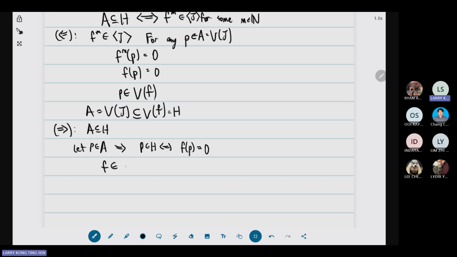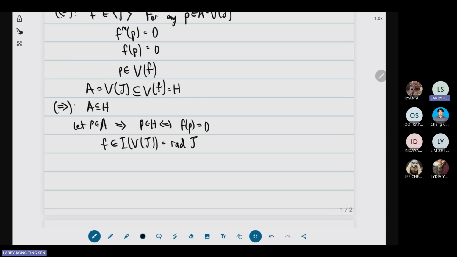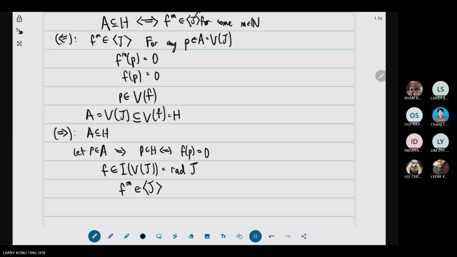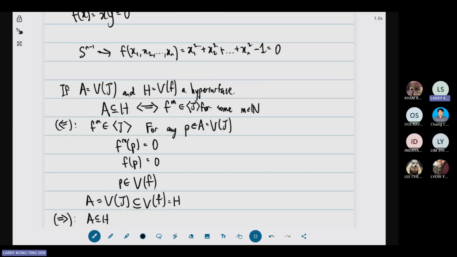In other words, F is in the ideal of V(J). But this is precisely what the Nullstellensatz says: it is the radical of J. And by definition this means that F^m is in the ideal generated by J. So that's both ways.